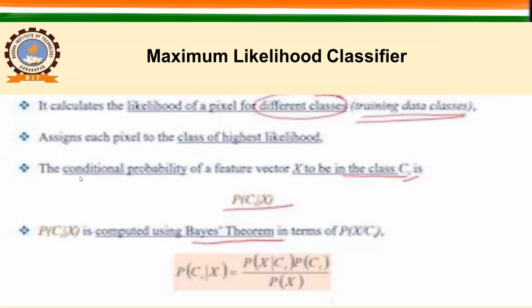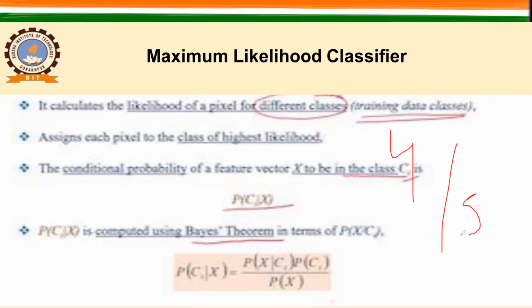So in this method, we assign each pixel to the class of the highest likelihood. So here we have assumed that we have provided 4 or 5 training data. ठीक है, यहाँ पे मैंने assume ये कर लिया है कि हमारे पास 4 या 5 training data हैं, and the highest probability class will be used to assign or identify the class of the unknown pixel.